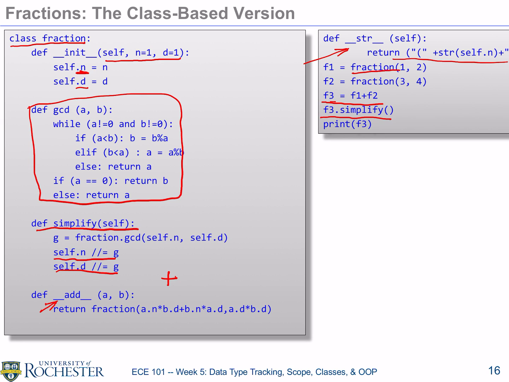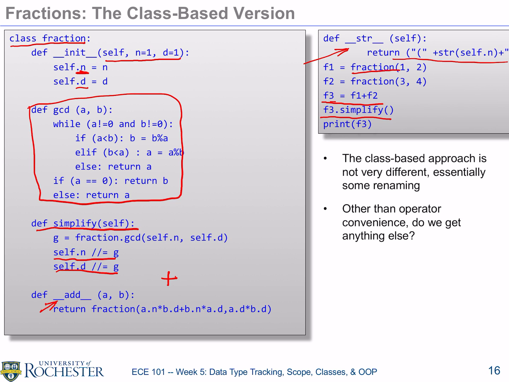So both approaches can get the job done. So that really isn't what OOP is for. I mean, this is one way to make it perhaps a little bit cleaner, but really the benefit of OOP comes from all these other cool things that we can do, which we will discuss next week. Okay?